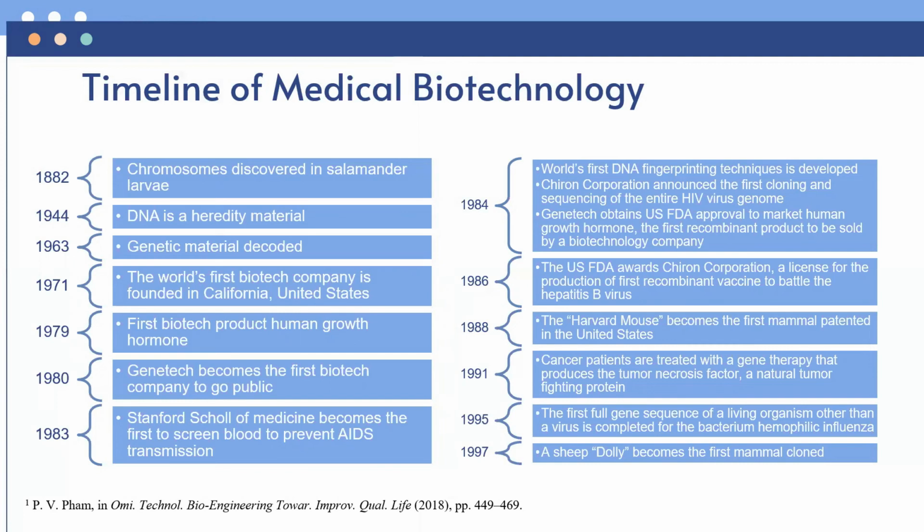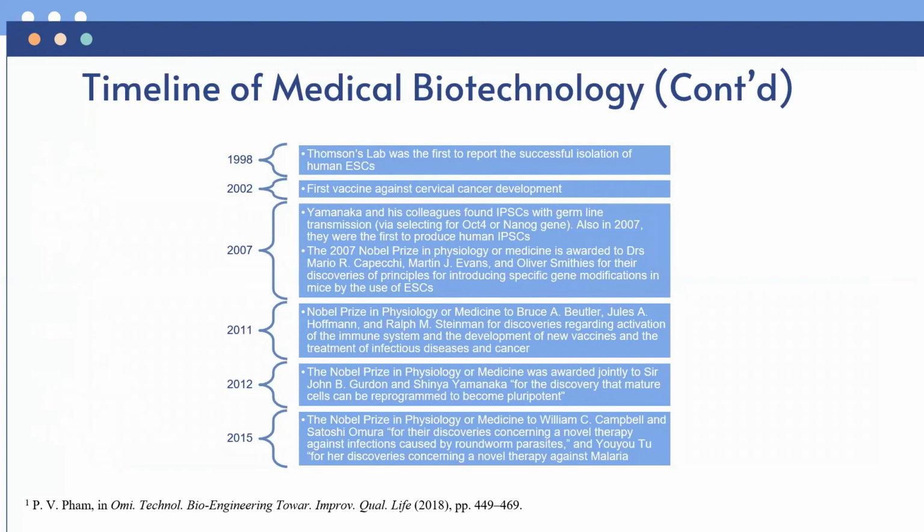Early in 1882, the chromosome was discovered in salamander larvae, and biotechnology, especially medical biotechnology, developed from this year to 2015, with the Nobel Prize in Physiology or Medicine for William C. Campbell and Satoshi Omura for their discoveries concerning a novel therapy against infection caused by roundworm parasites.